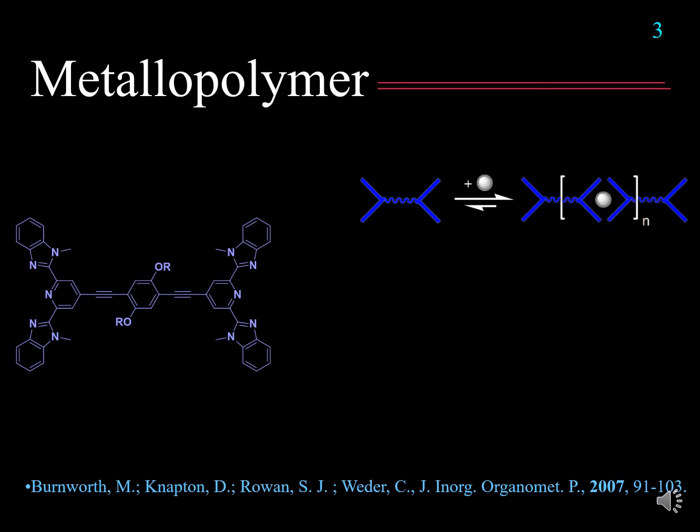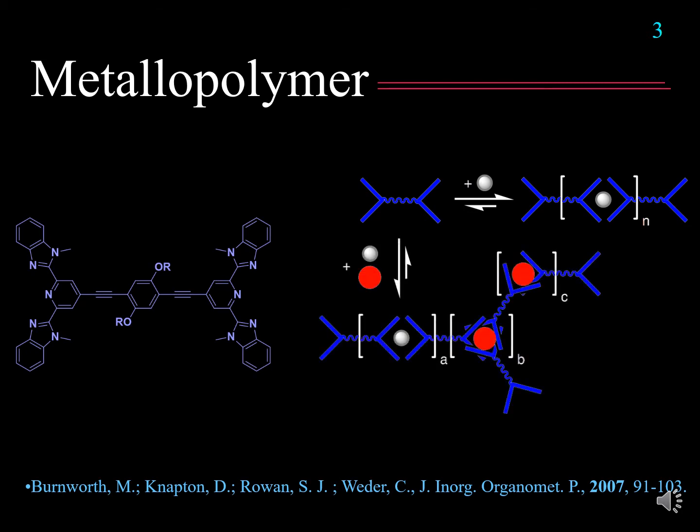With a divalent metal ion, we can then construct a polymeric structure of this kind of system, which is called a metallopolymer. The metallopolymer is a linear structure composed of these molecules and the divalent transition metal, right? We have the complex like this. But if we move further from a divalent transition metal to a trivalent transition metal, a trivalent transition metal can complex with three of the ligands.